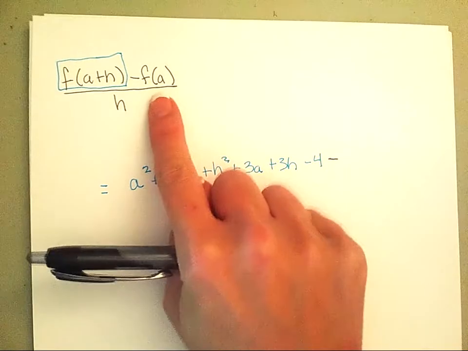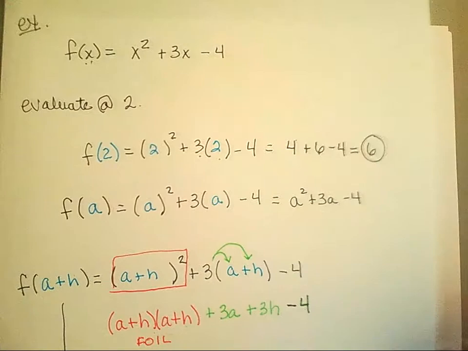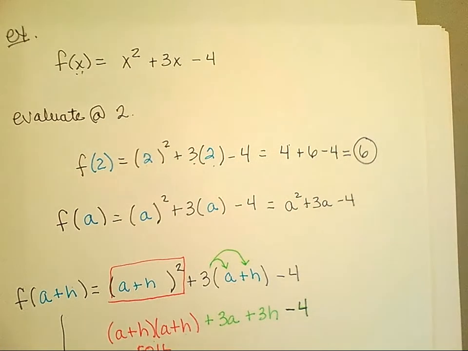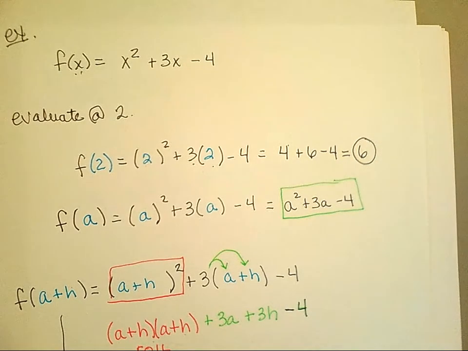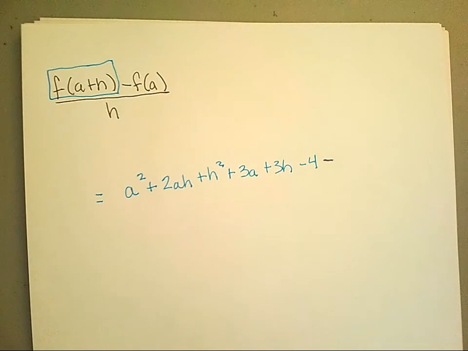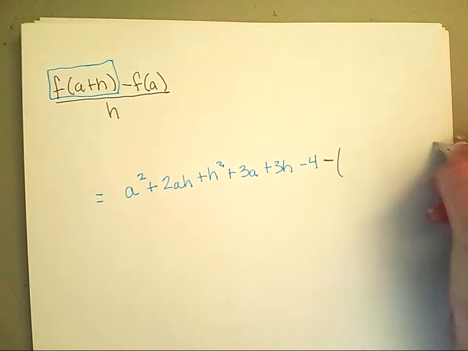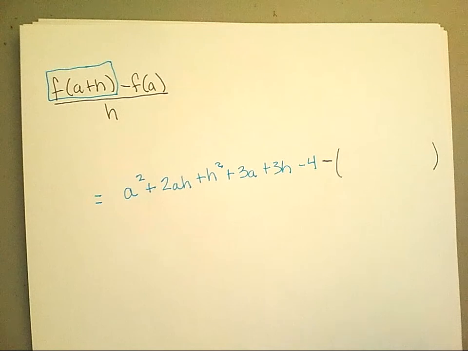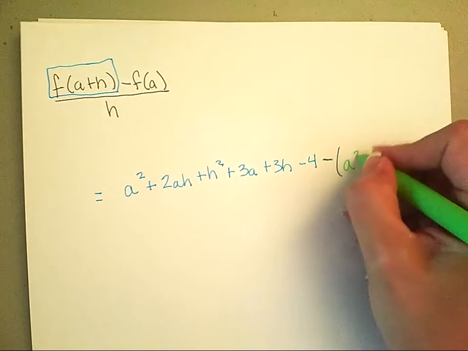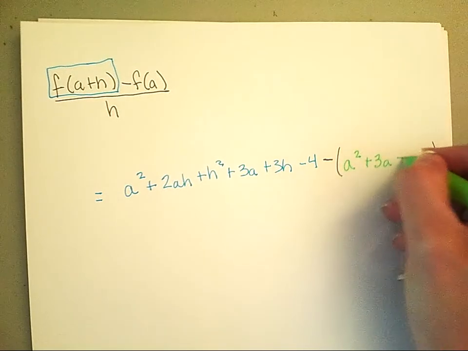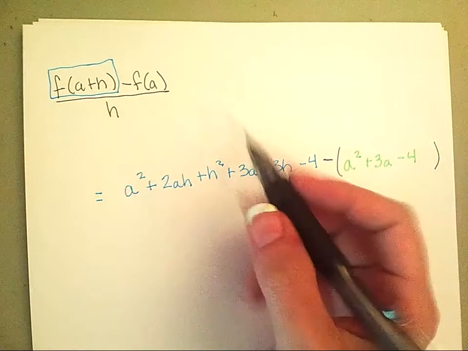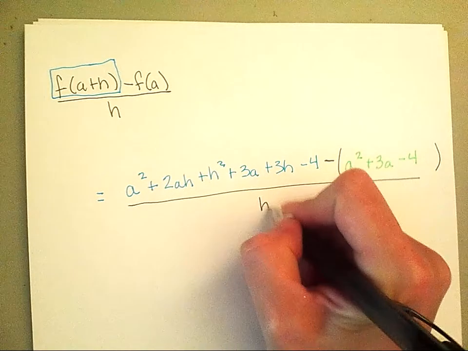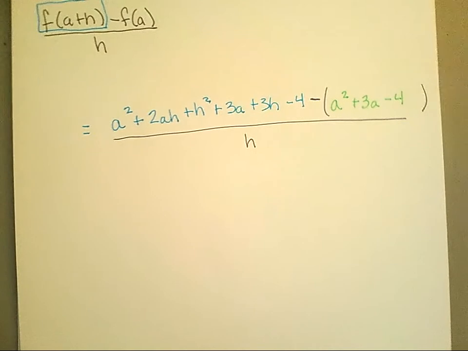Now, from the formula we want to subtract f of a, and f of a we found here to be this. Now this is a polynomial, so remember when you're subtracting polynomials, you're going to need to distribute the negative across. So let's put up the parentheses. This is a squared plus 3a minus 4. And then all of this is still just divided by h.